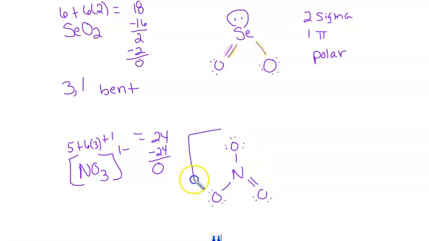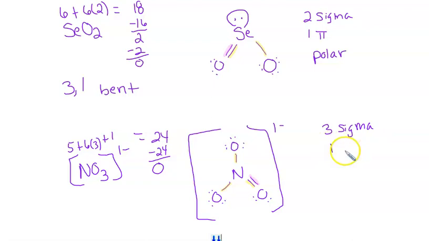All right. This is an ion, and we put brackets around it, so the polarity doesn't matter. As far as the sigma bonds are concerned, there's 1, 2, 3 sigmas and 1 pi. 3 sigmas and 1 pi.